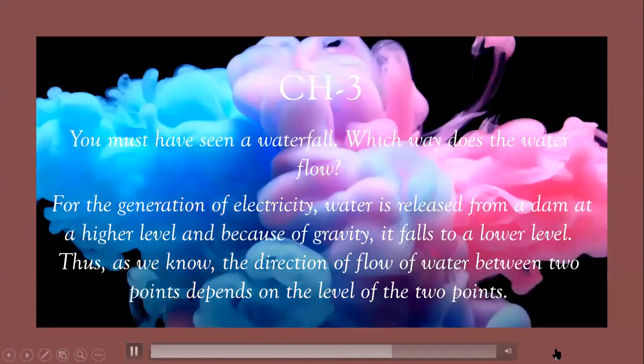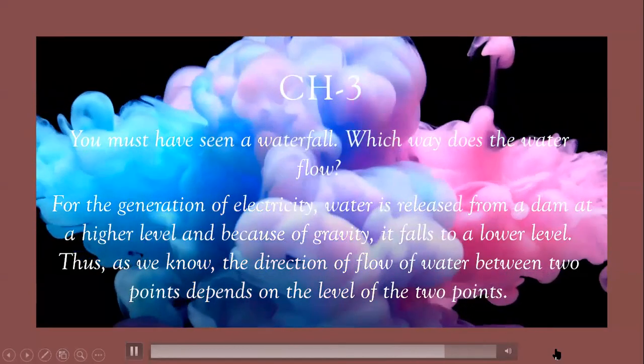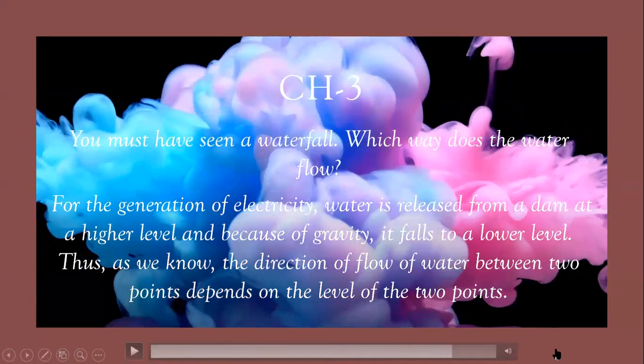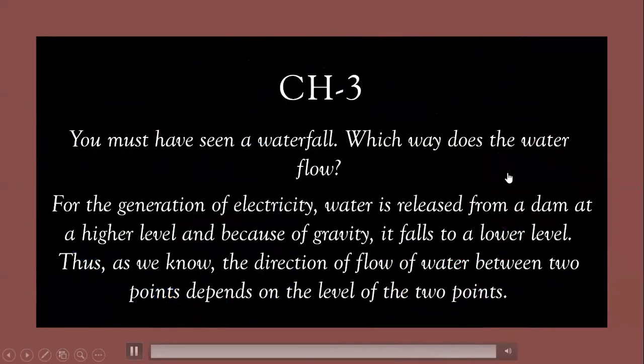So now the next part of this chapter. What is the next part?